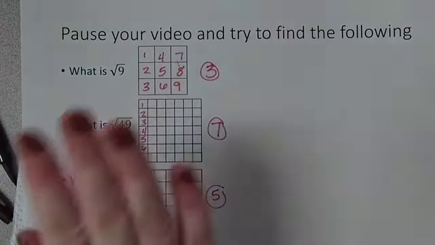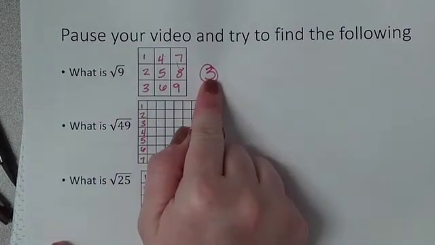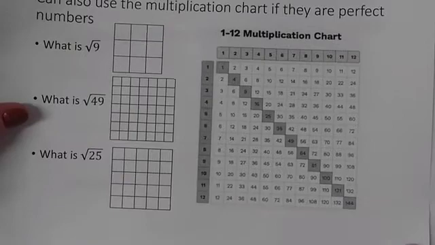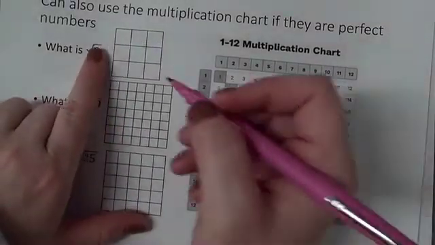Most of the time, you're not going to be given these boxes. They're just going to say, what is the square root of 9? It would be 3. Square root of 49 is 7. Square root of 25 is 5. Another way to do that is to look at a multiplication chart and look for the perfect square.